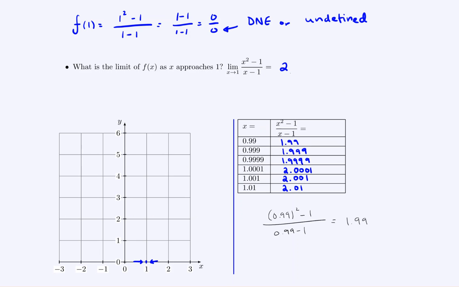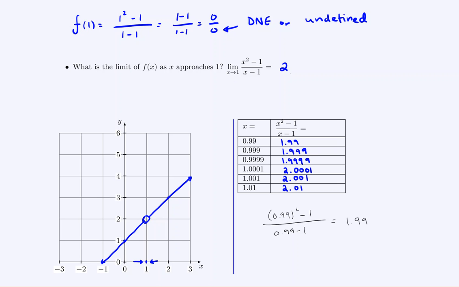So in this example, even though the function did not have a value at 1, there is a trend to its behavior near this point, and the trend is that the behavior of the points near it are getting closer and closer to 2. Now if we were to graph this, this expression would represent the straight line of slope 1 that passes through the y-intercept of 1.